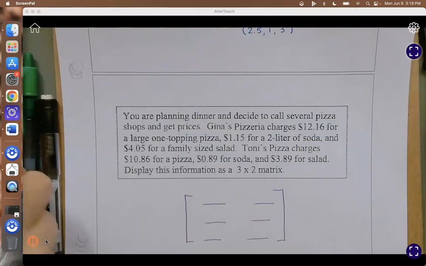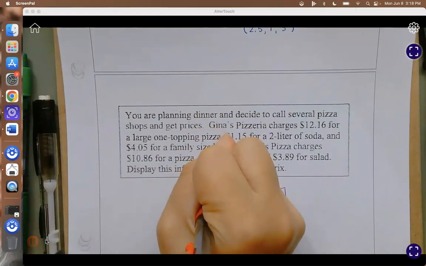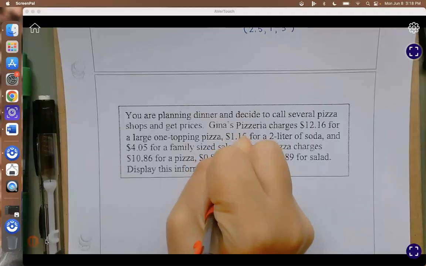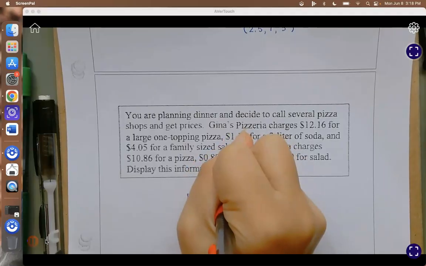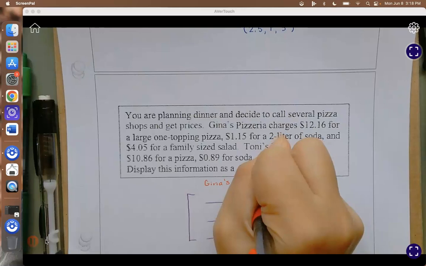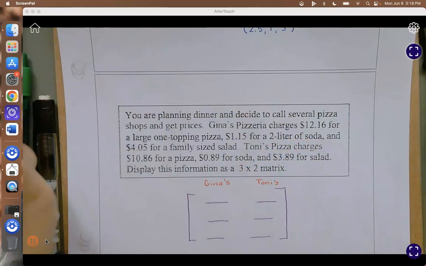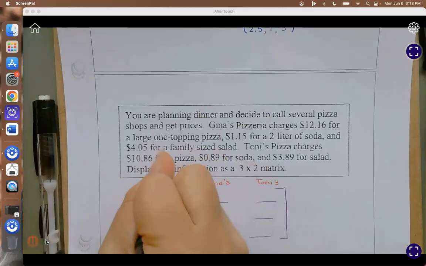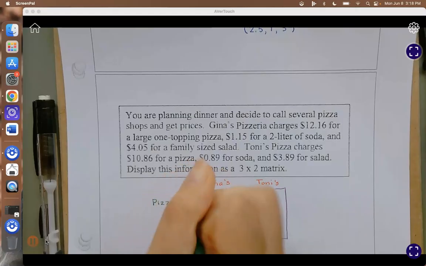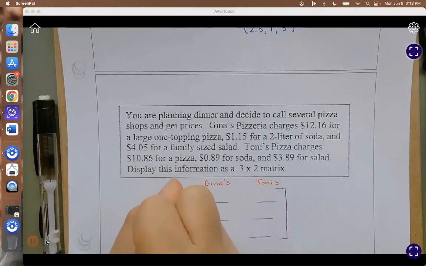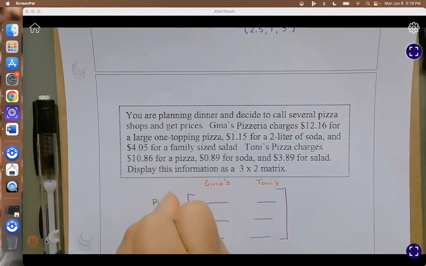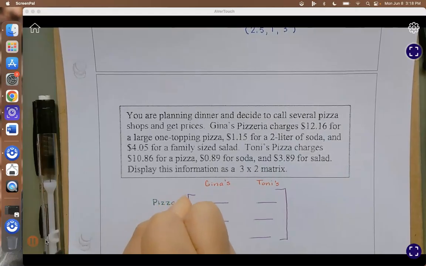So we could put all Gina's prices here, and all of Tony's prices in the second column. Now, the items we had listed were a pizza, soda, and salad.